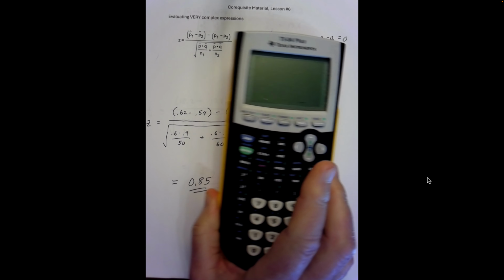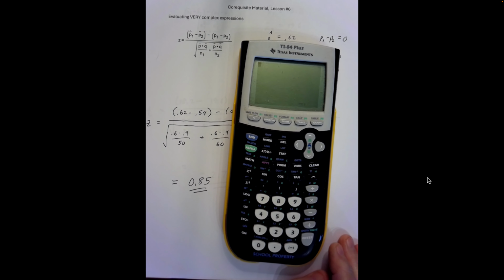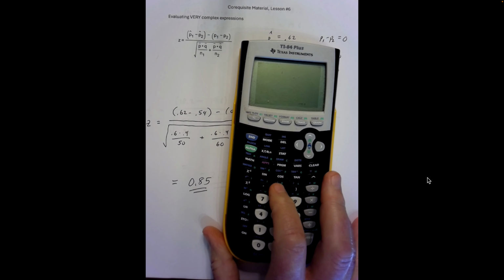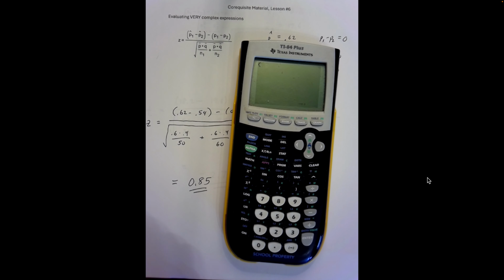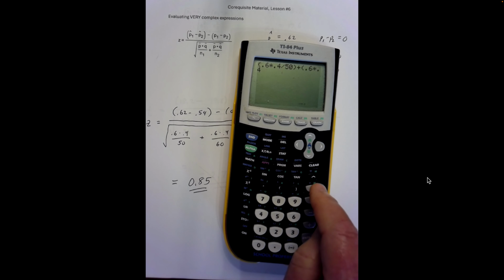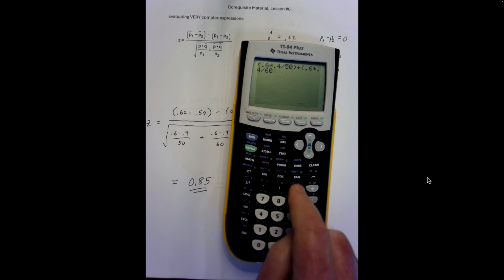I would prefer this approach. I'm going to dive into the denominator and just calculate the part under the square root. So I'm going to have 0.6 times 0.4 divided by 50, and then add 0.6 times 0.4 divided by 60, which is the sample size.